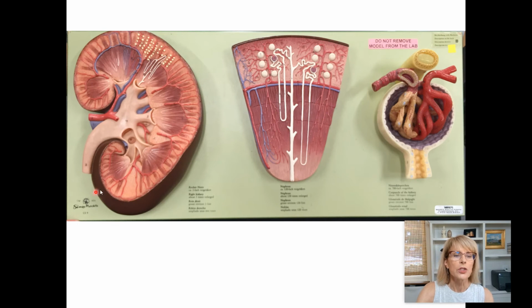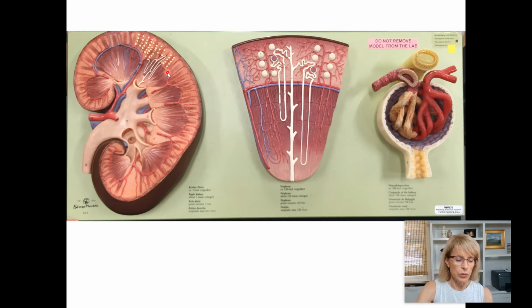Okay? So the renal cortex. The renal cortex is this outer region. You'll notice it's a lighter pink than the rest of the kidney is, and it goes around the outside. That is the renal cortex. In the renal cortex is a lot of the important but microscopically small parts of this urinary anatomy.